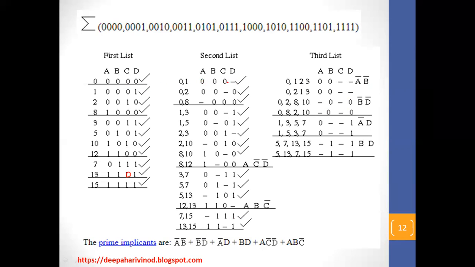It is 0, 0, 0 dash. So I can put a tick mark for 0 and 1. Next 0 and 2, it can be compared. So 0, 0 dash 0. So I can put a tick mark over here. And next 0 and 8. Yeah, first bit you can notice the change, rest everything it is 0. Sorry, I have to put a tick mark over here, 8.